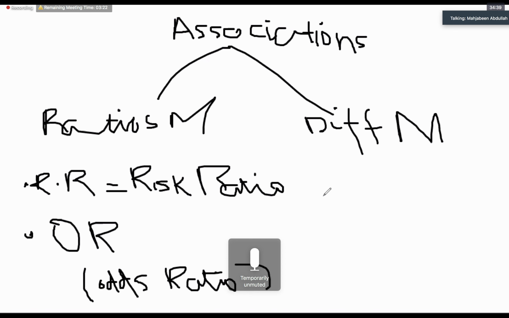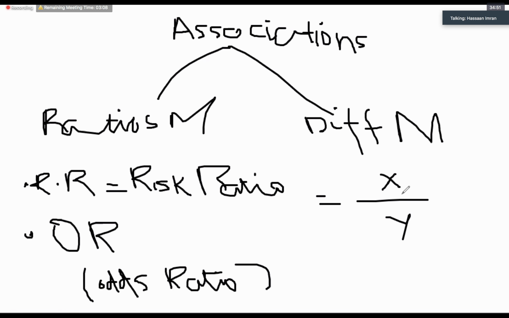What is the ratio? A ratio is an entity between two quantities. So this is the incidence of disease among the exposed, and this is the incidence of the disease among the non-exposed, isn't it?